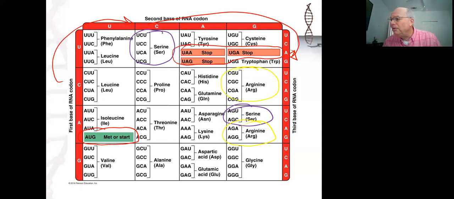And then the other one, leucine's the other one. Leucine has these 4 plus these 2. And what you notice there is that the only difference between these 4, in fact, is the last letter. So long as CU is present, doesn't matter what the third letter is, you're always going to get a leucine. And so the way we describe this is to say that there is redundancy built into the genetic code.